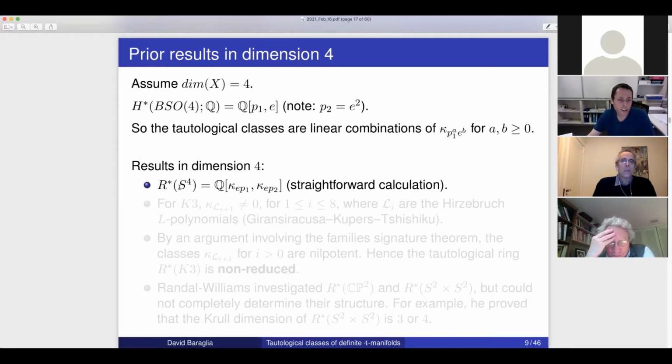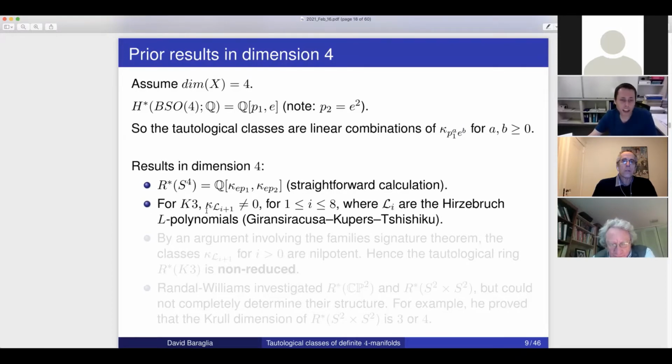You can look at the 4-sphere, and again, that's a simple calculation. Basically, because the 4-sphere doesn't have much cohomology, there's not much that can happen, and you can just figure it out. And it's just this polynomial ring.